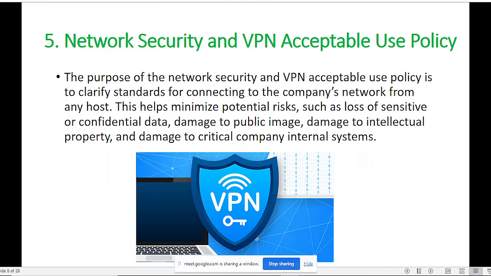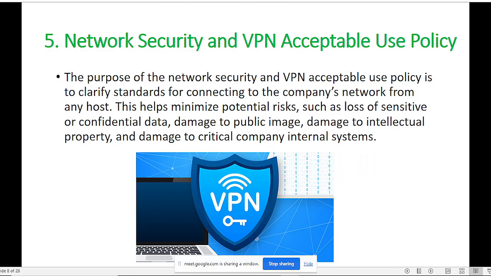Then we have another policy, that is the use of VPN, right? So I'm aware that nowadays most people work remotely, or do what we call teleworking. Of course, teleworking, or telecommuting, has its own policy. But ideally, for us to securely link to organizations' data, we need to have a virtual private network.